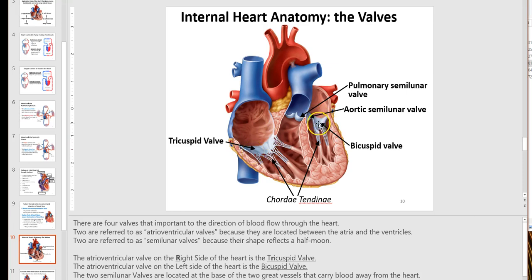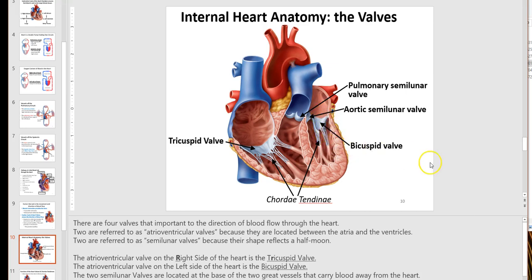The one on the left, shown here, this is the left atrioventricular valve, but of course it has a special name. It's called the bicuspid valve. And of course these two names reflect the number of flaps that are present. So there's 3 flaps or 3 cusps in the tricuspid valve, and there's 2 in the bicuspid valve.